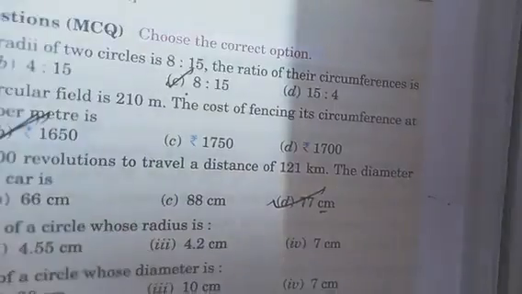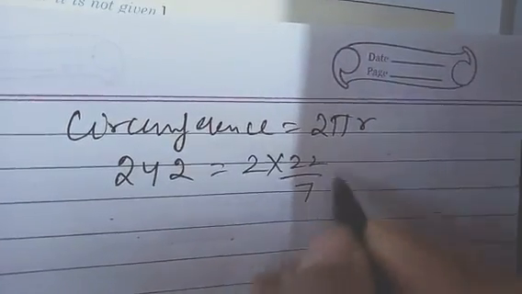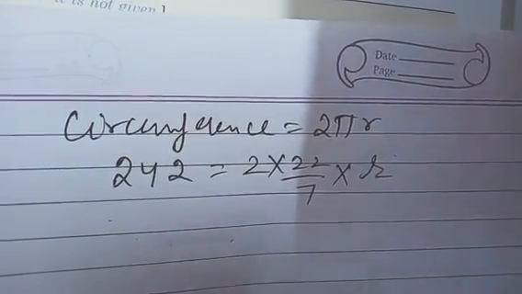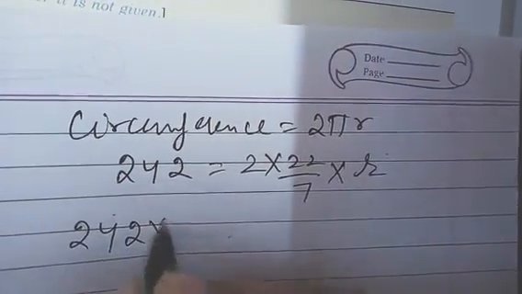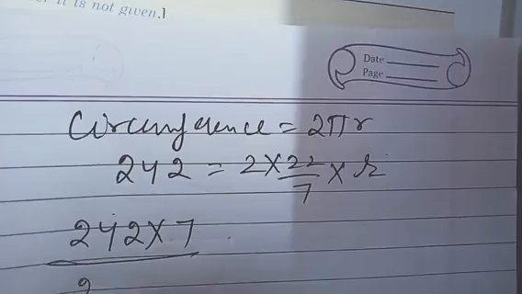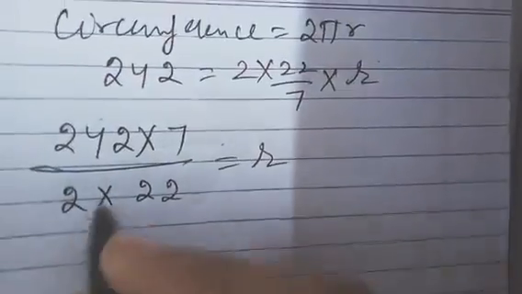Now the distance covered in one revolution is the circumference of the wheel. Now we will find the diameter of the wheel. What is the formula of circumference of the circle? That is 2 pi r. Circumference we have found, that is 242. 2 multiplied by 22 by 7 multiplied by r. From there we will find the value of r. 242 multiplied by 7, divided by 2 times 22, is equal to r.